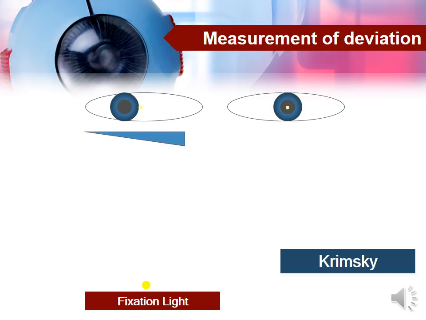So when we place a prism of small power with the base inward and the apex outward, that is, out toward the deviation, the prism will shift the image outwards and the light reflex will approach the center of the pupil. We gradually increase the prism power until we reach the correct power. Once we have the correct prism power, the corneal reflex will be on the center of the pupil.